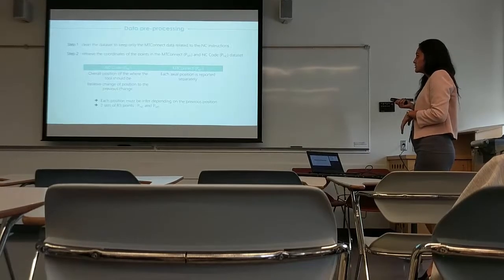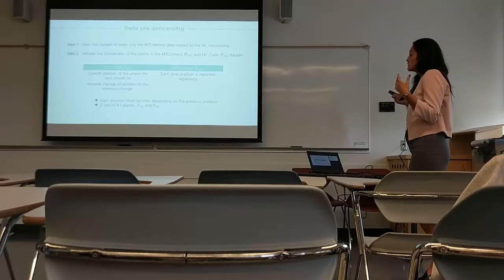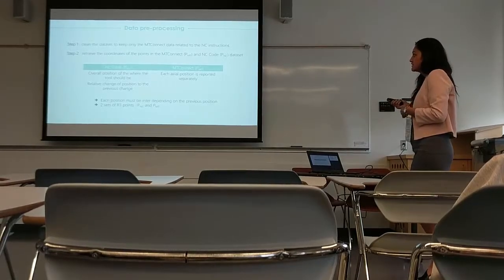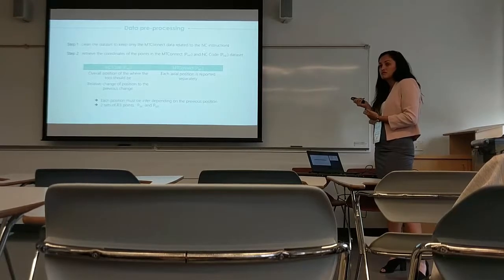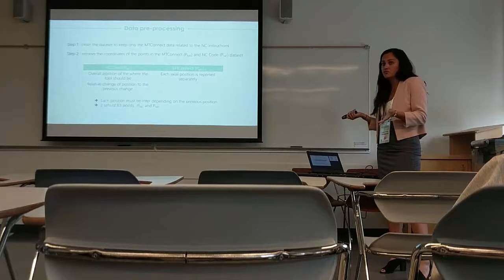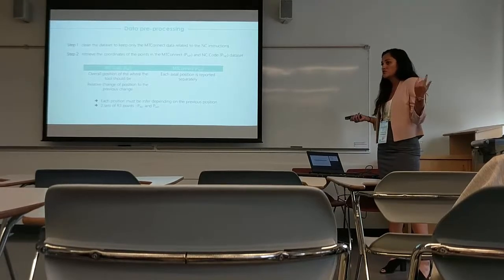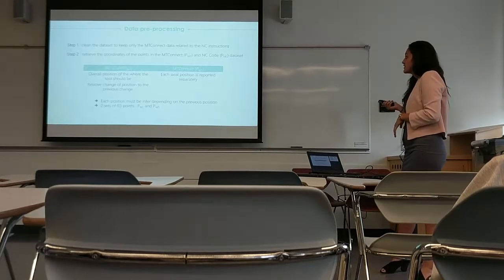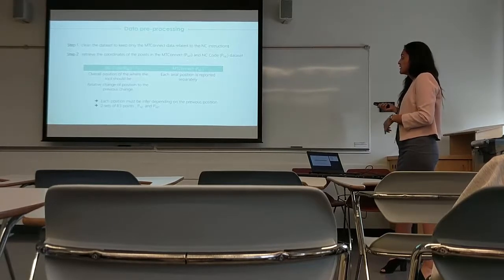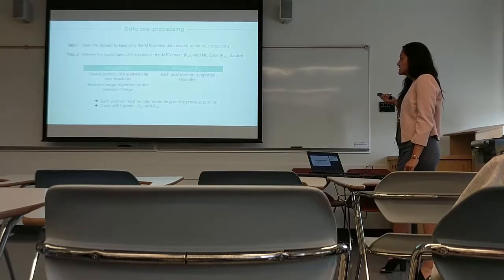So the first step is data preprocessing. In the MTConnect data and in the NC code description, we need to find in the MTConnect data the real portion of the data that is related to the NC code that we have, which might not be the case. We might have MTConnect data that has multiple operations for multiple NC code. Once we have that, we can then back out the points, the coordinates of the points in the two data sets.